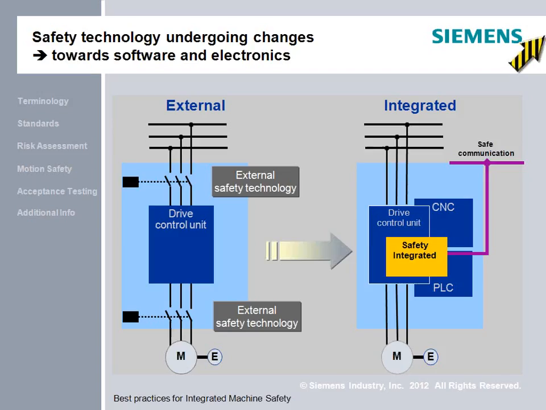So let's take a brief look at some of the motion safety technologies in a little bit more detail. The change, as we saw earlier, is going from conventional or traditional relays and componentry to an integrated safety system, in this case, a safety CNC and a safety drive.